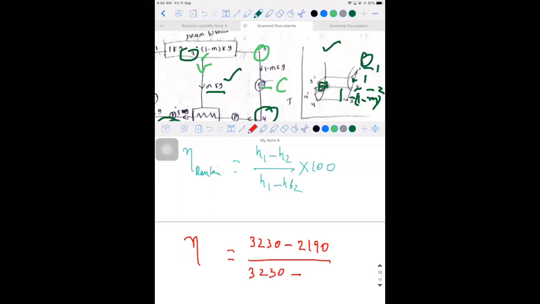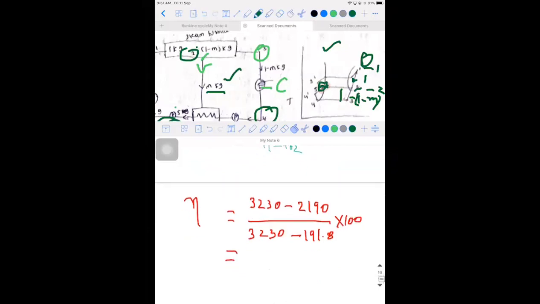And against 0.1 bar, what is the HF2? 191.8, into 100 is equal to, how much is it, sir? It is equal to 34.23, yeah? The correct one is 34.23.